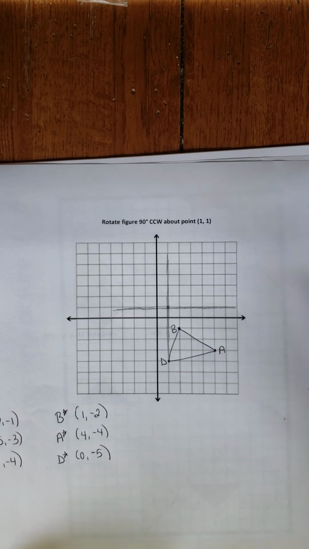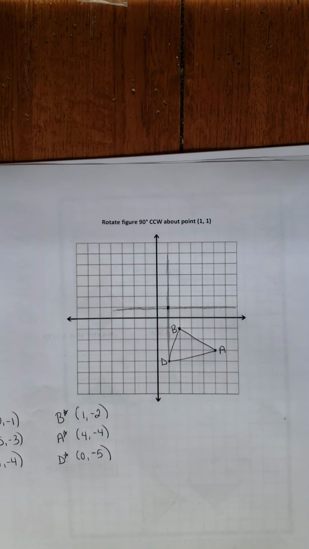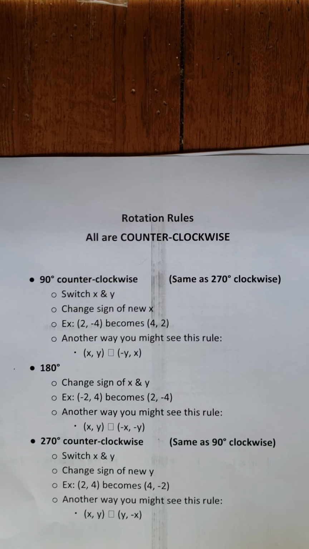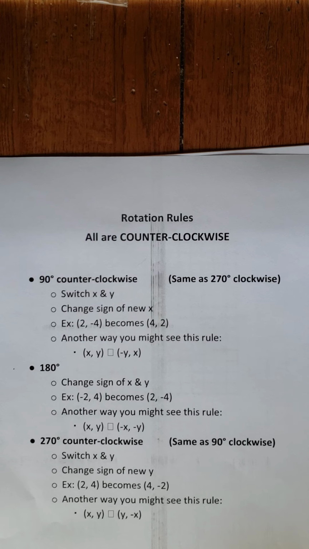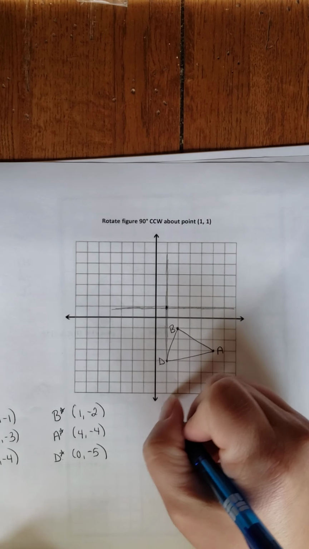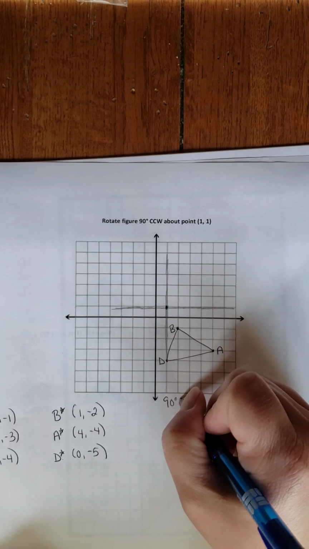Now, because we're using this as our new origin, we can go back to those rules that we saw before. So we're going 90 degrees counterclockwise. What do we do? We switch the x and the y, and we change the sign of the new x. So here we are, 90 degrees counterclockwise.